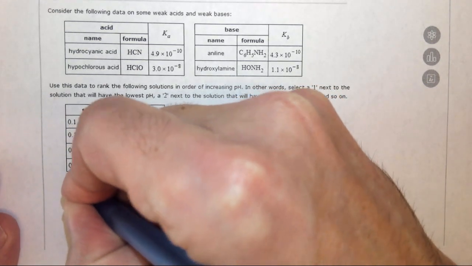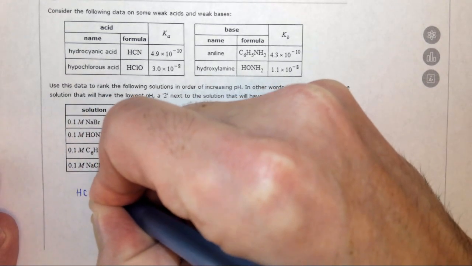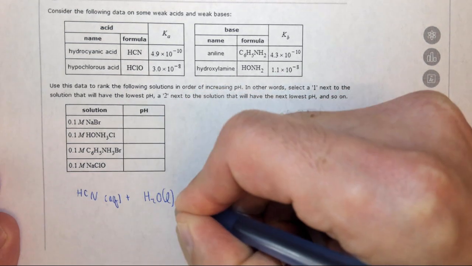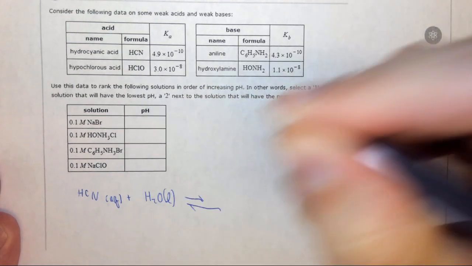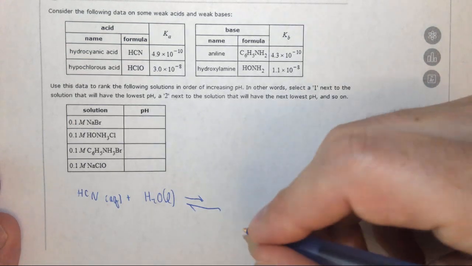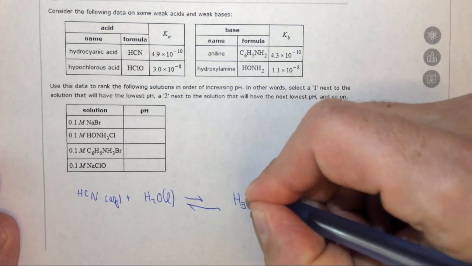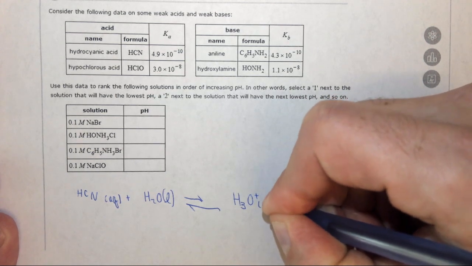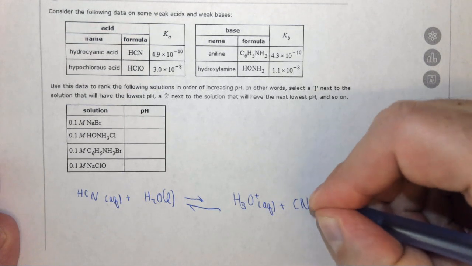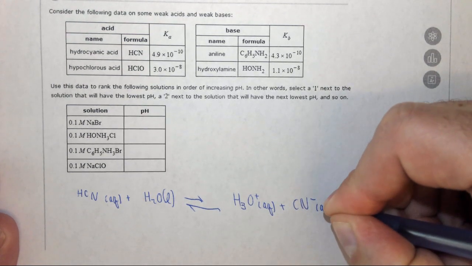I want to do that first for HCN. So if we have HCN aqueous plus H2O liquid, we get this reversible reaction, and it's a weak acid, so the reactants are favored, between H3O+ aqueous and CN- aqueous.